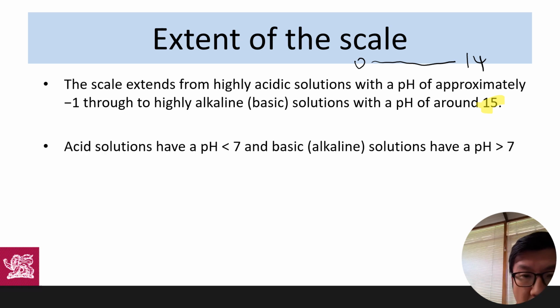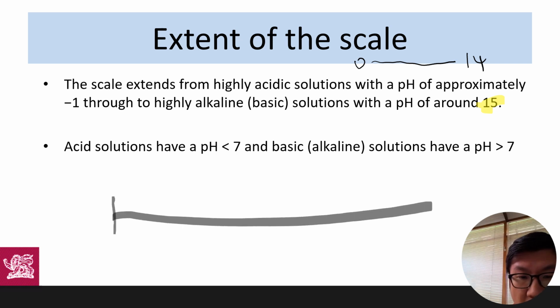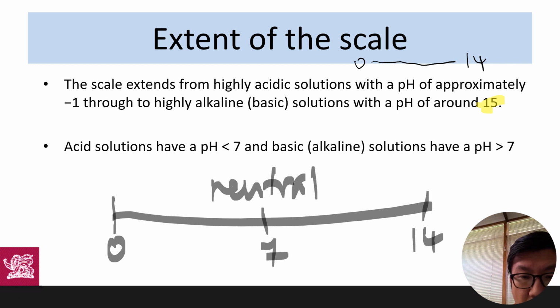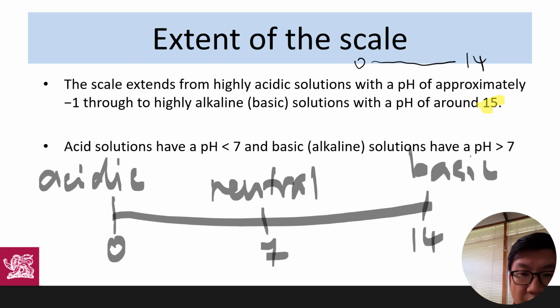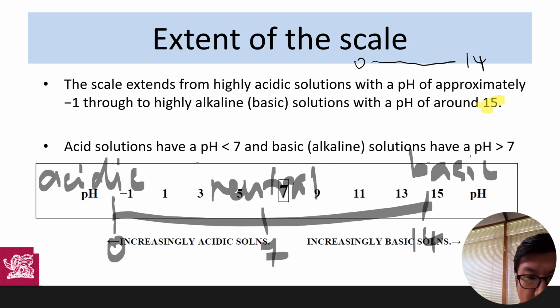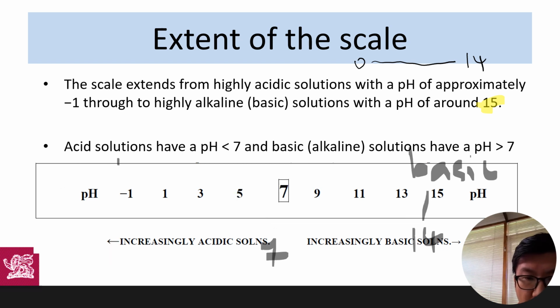And again, with your pH scale, make sure that you understand the basics, where the pH scale goes with 7 in the center for neutral substances, and as you go towards 0, substances are becoming more acidic, and as you go towards 14, substances are more basic.